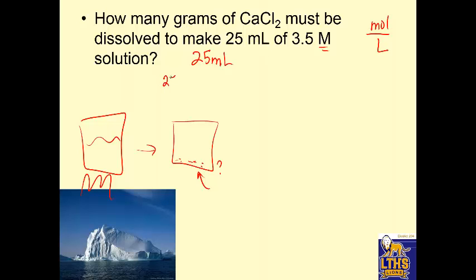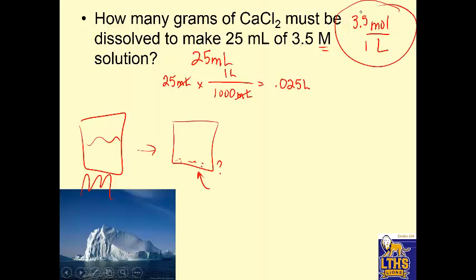So I would take the 25 milliliters and say, well, hey, we remember this, I hope. There's 1,000 milliliters in 1 liter. Goodbye. So there's 0.025 liters of the solution. Okay. So this capital M means 3.5 moles for every 1 liter. So we can use this as a conversion factor.